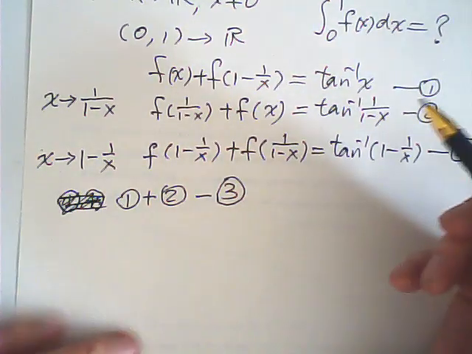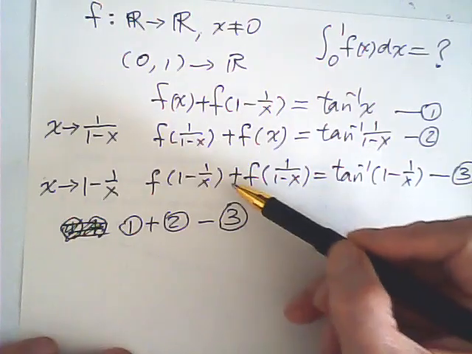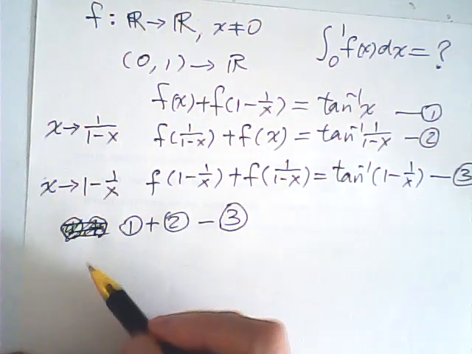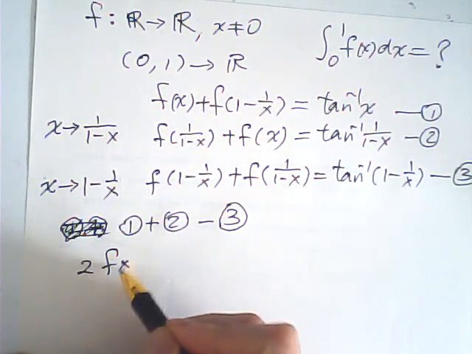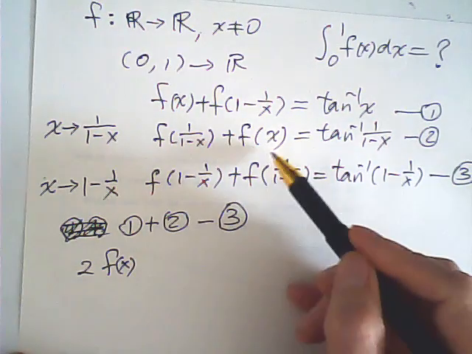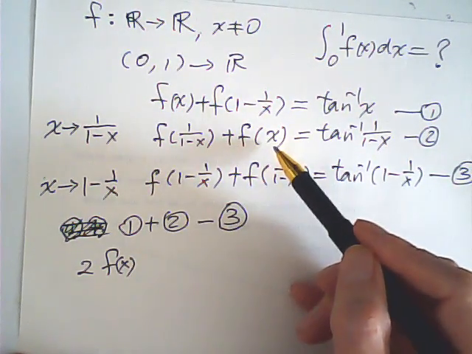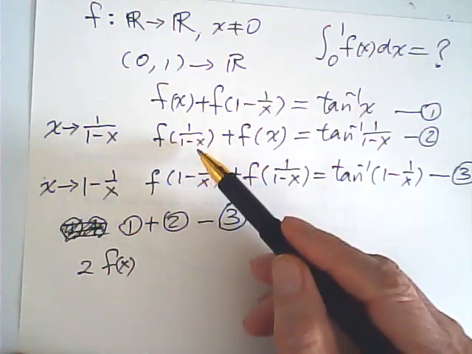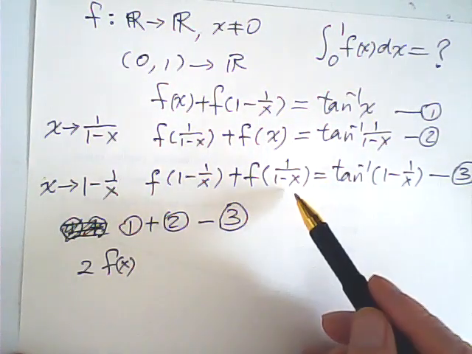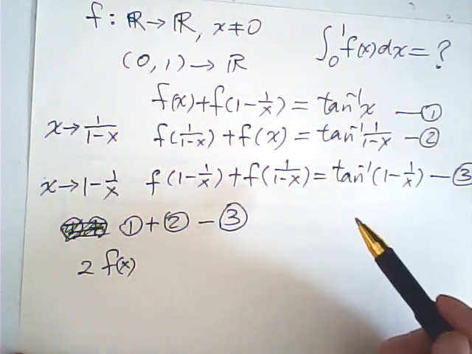See, something happening. This plus this minus that. So I get 2 f of x, this plus this, and this plus this minus this, they all cancel out.